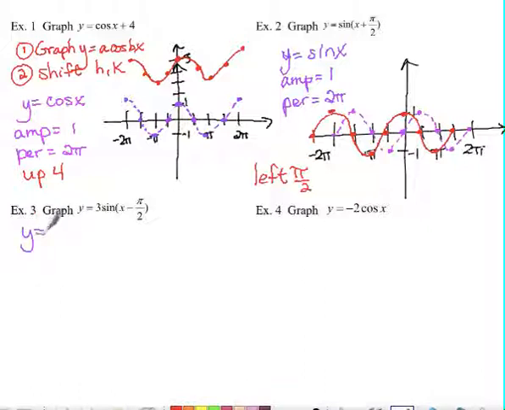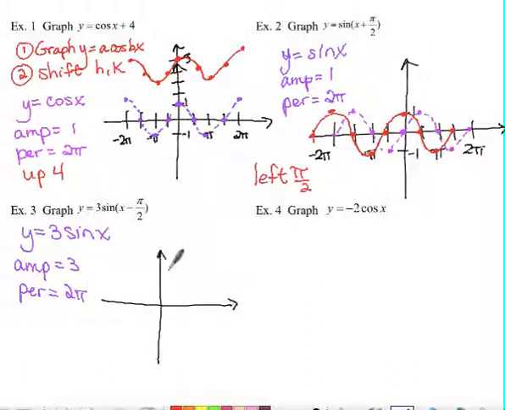We're going to start with y equals 3 sine x. So my amplitude is 3. The period length, remember, period length is found by 2 pi divided by b. If there's no number in front of x, b is understood to be a 1. So that's 2 pi. So I make 4 tick marks to the right and label it 2 pi.